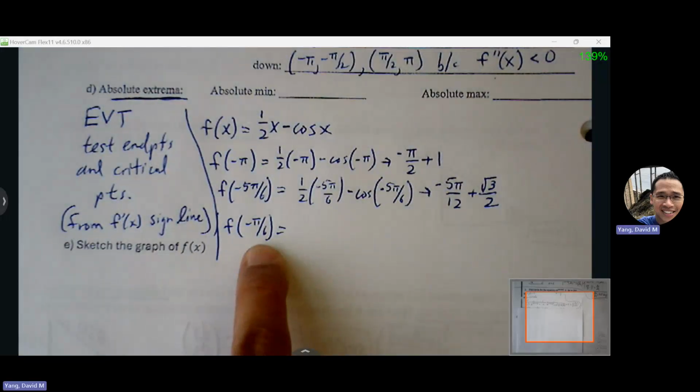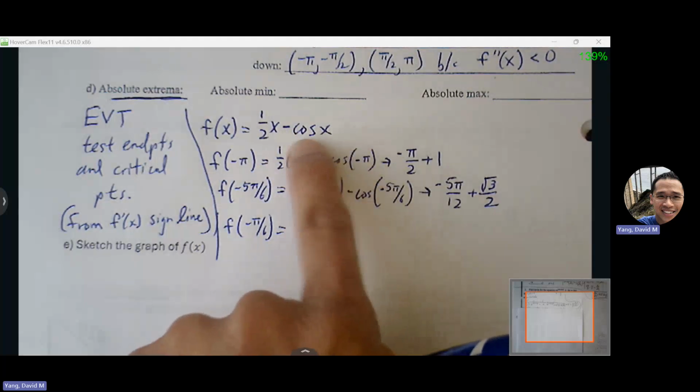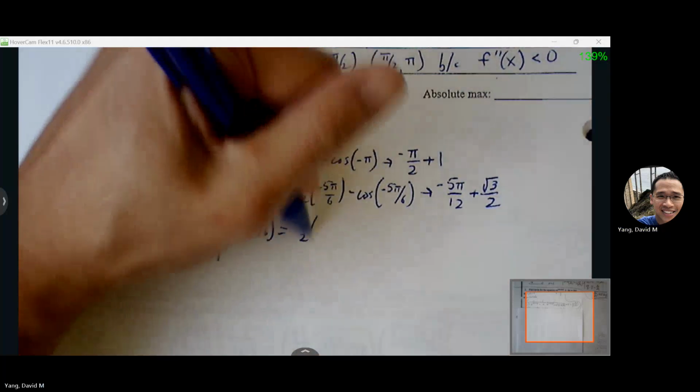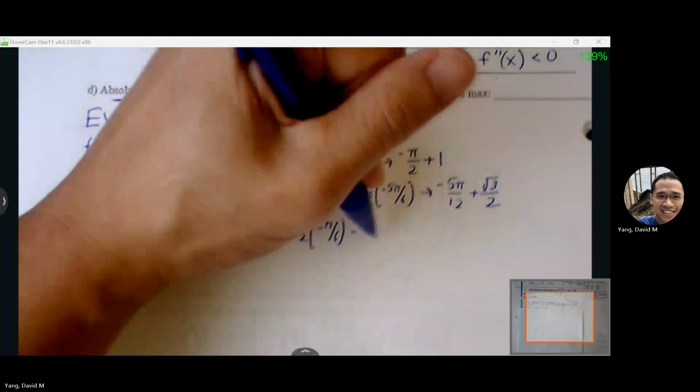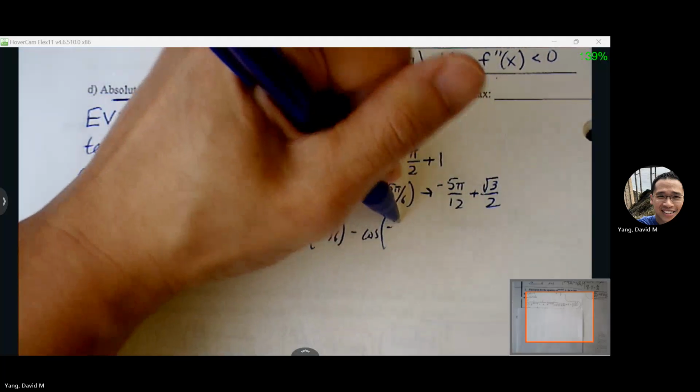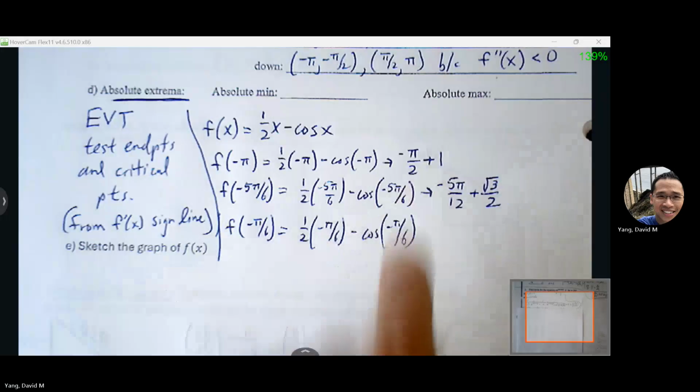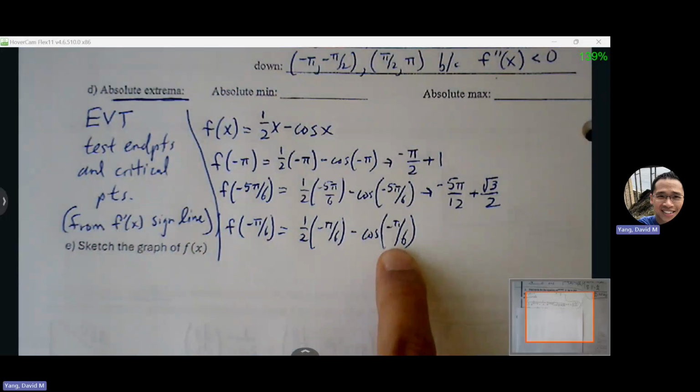Okay, next critical point, back into the original function to get the ordered pair. Cosine of negative pi over 6, that's the same thing as if I add 2 pi, I get 11 pi over 6.